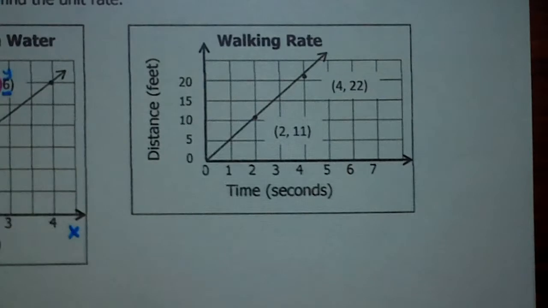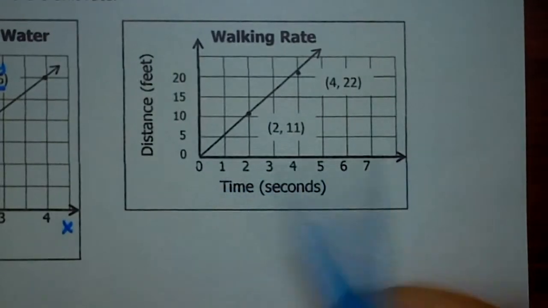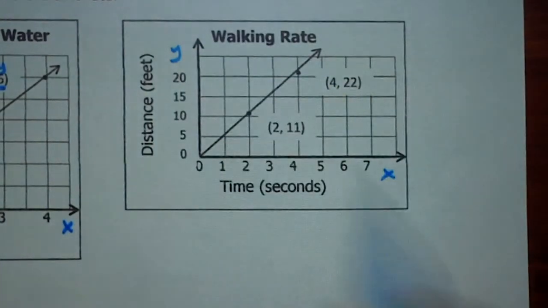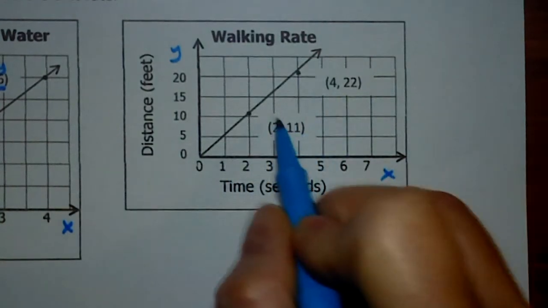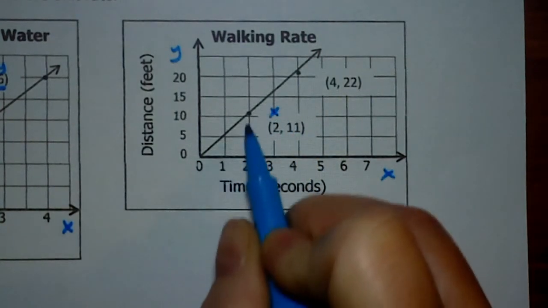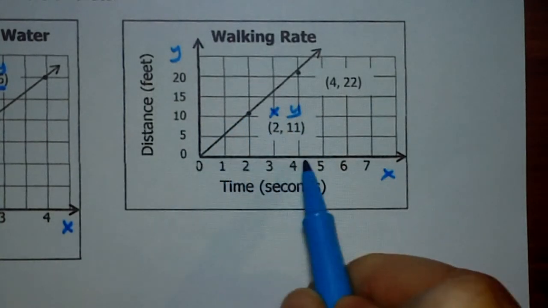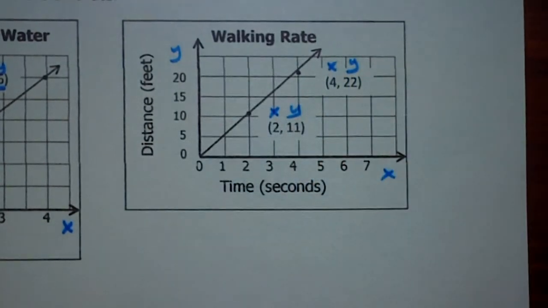Let's try one more. We have a walking rate here. All right, so down here we have time in seconds. On the y-axis, we have our distance in feet. And it looks like after 2 seconds, this is x, after 2 seconds, we've traveled 11 feet. And after 4 seconds, we've traveled 22 feet. So in our ordered pairs, it always goes x, y.